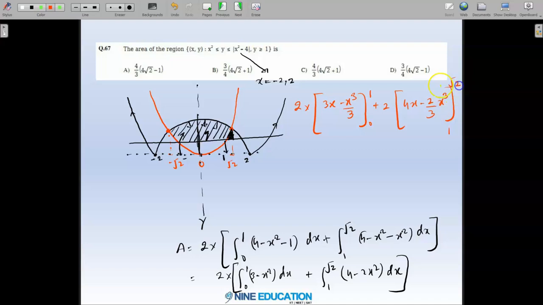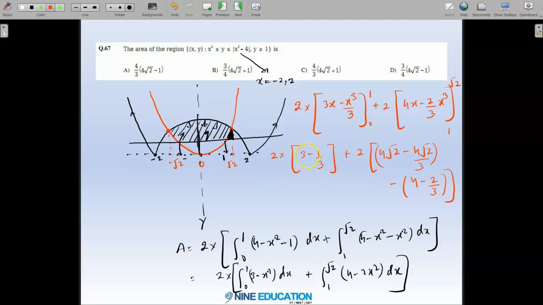Now this is 2 into, for the upper limit, 3 minus 1 by 3, plus 2 times of 4 root 2 minus 4 root 2 by 3 on substituting the upper limit, minus, for the lower limit, 4 minus 2 by 3.